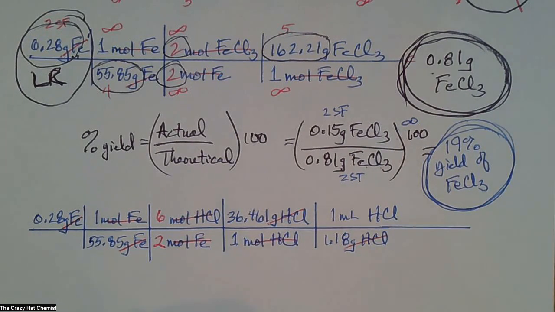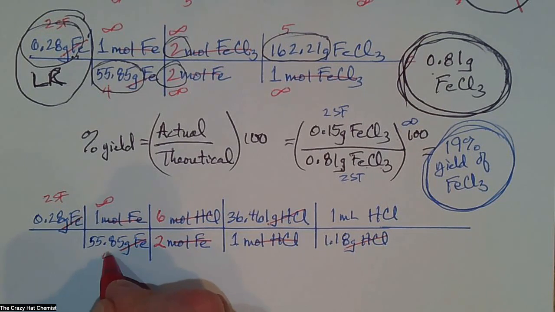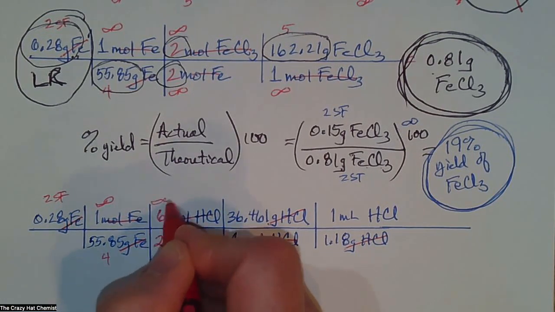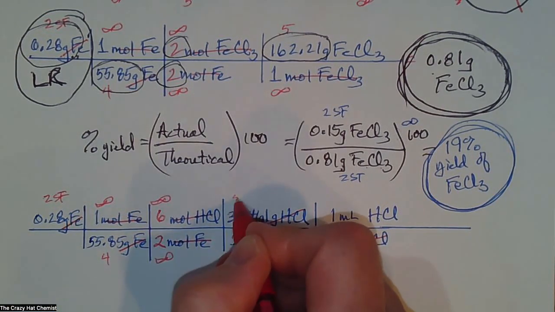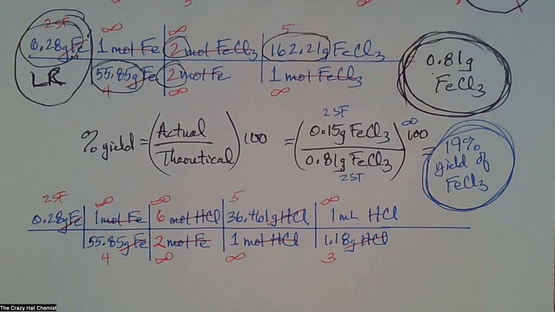So, number of significant figures: 2 significant figures, infinite, 4, infinite, infinite, infinite, 5, infinite, and 3. So the fewest number of significant figures I have is 2. That's the number I'm working with.